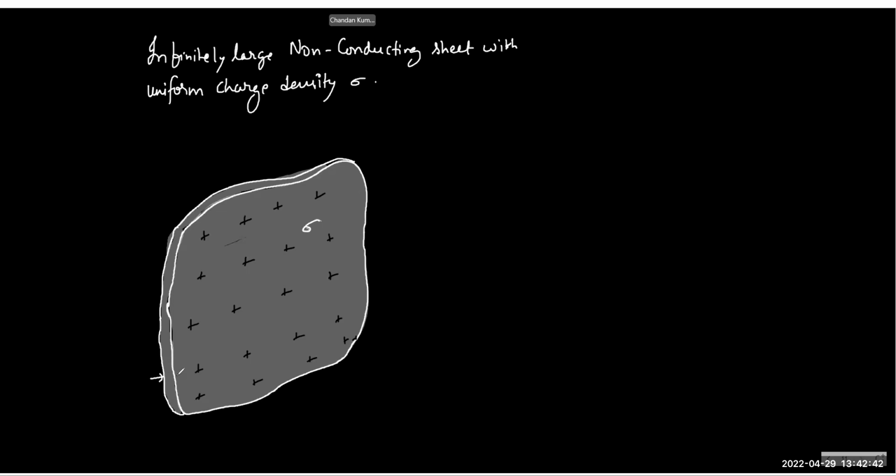And the thickness actually plays a role. So if you want to understand the thickness part, let me do it separately. So this is maybe the side view of the infinite sheet. And this is the thickness part.